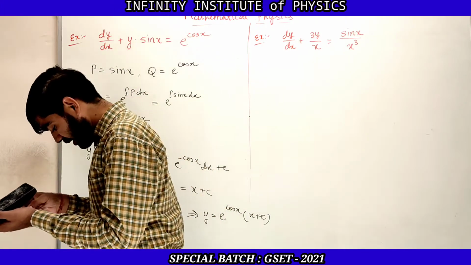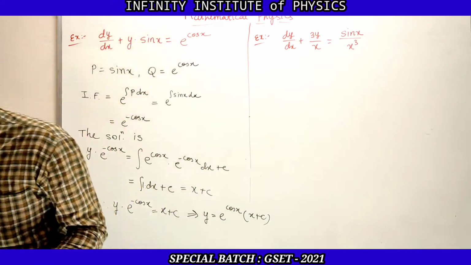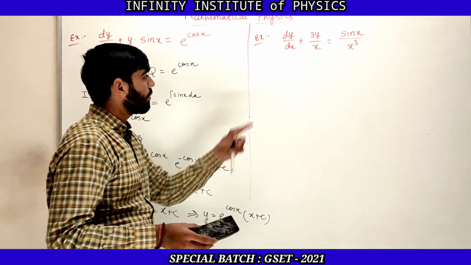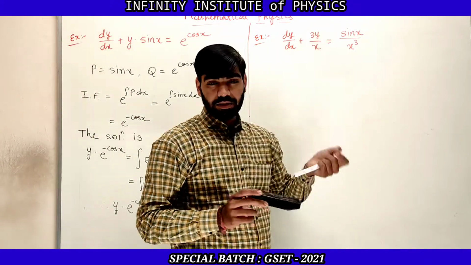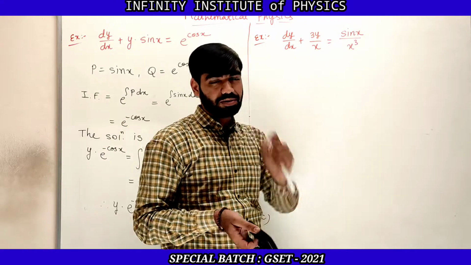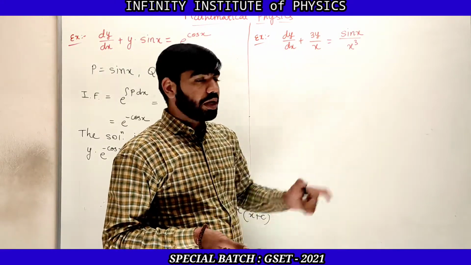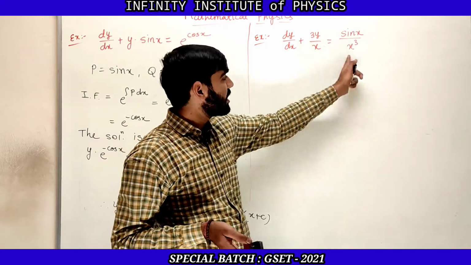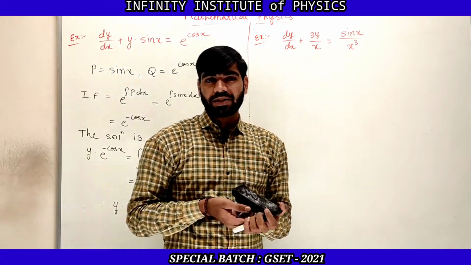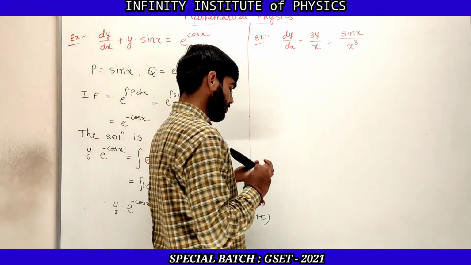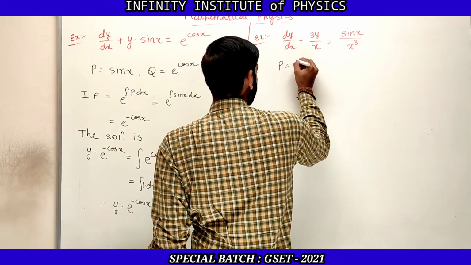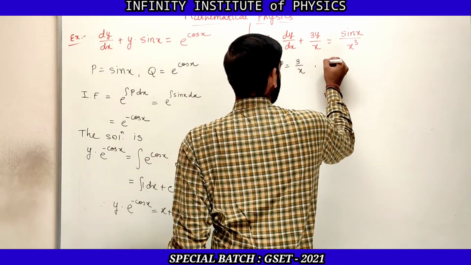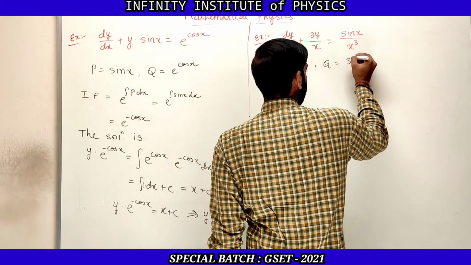Again you can see that it is in the form of a linear differential equation, dy by dx plus py equals q. So here p is 3 by x, and q is equal to sin x by x cube. And you can say that p and q both are functions of x only. So let us mention it here that p is equal to 3 by x, q is equal to sin x by x cube.